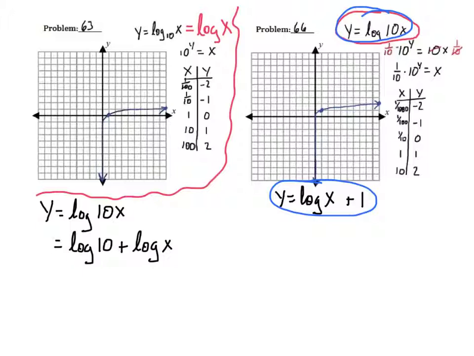Well, now I want to evaluate log 10. There was a property that I had you write down in your 7.3 notes. If you flip back a page, you should see at the top of your 7.3 notes that if you have log base b of b to the a power, that gives us a.